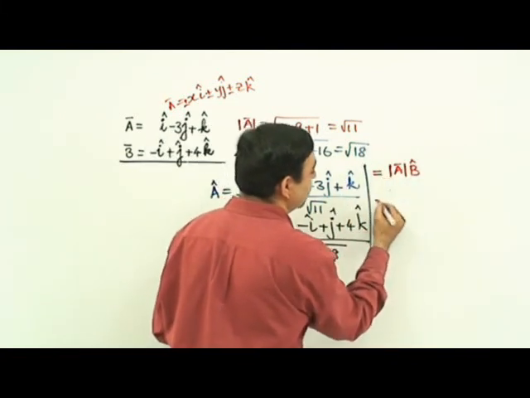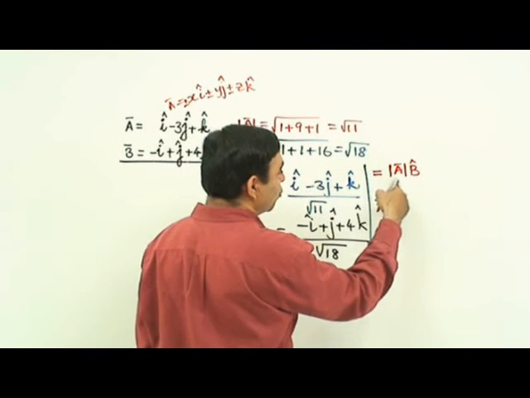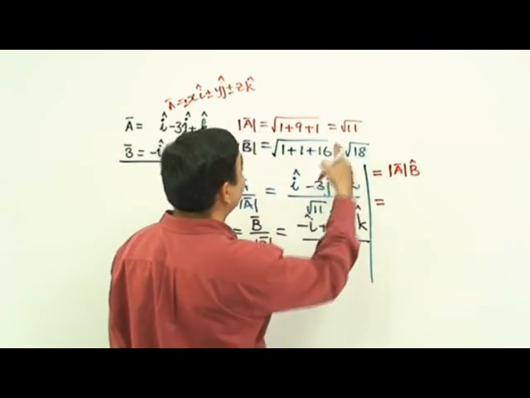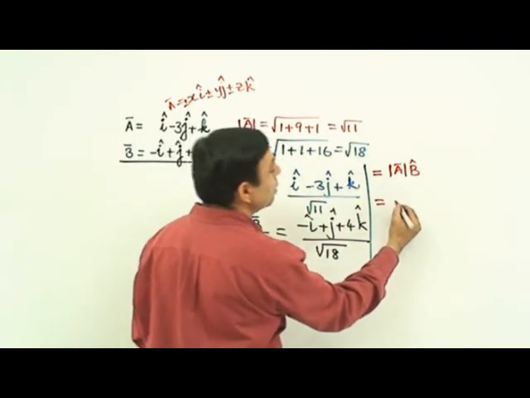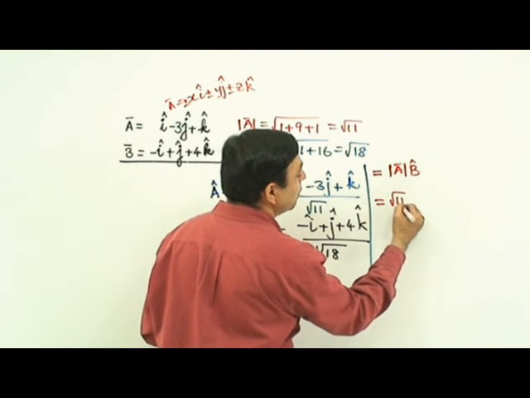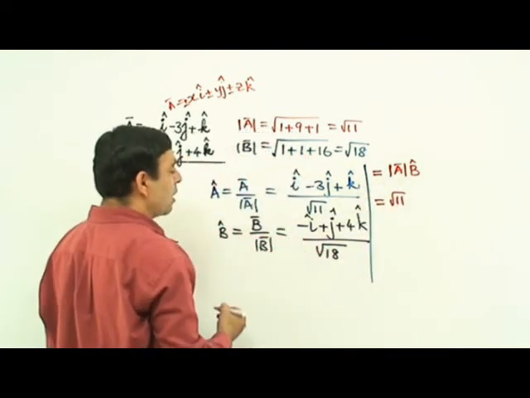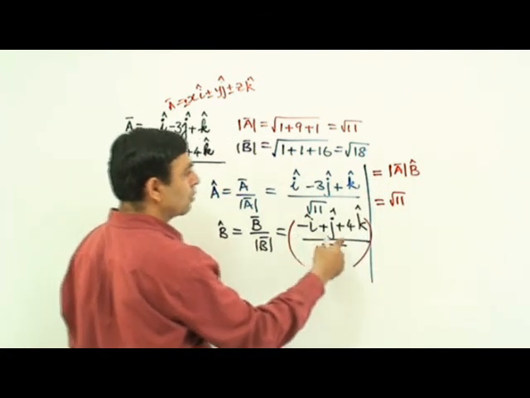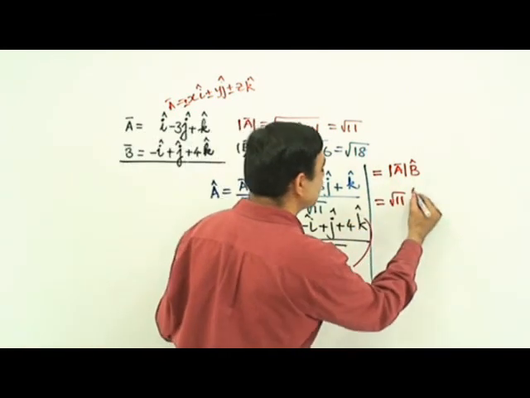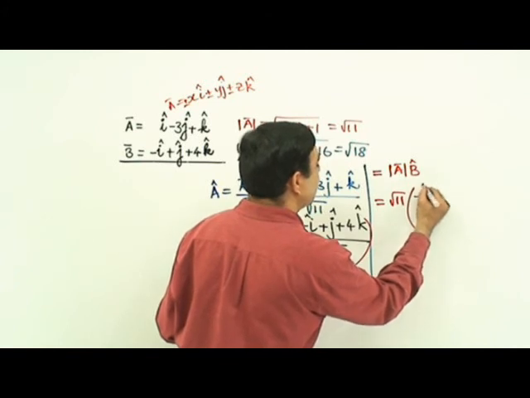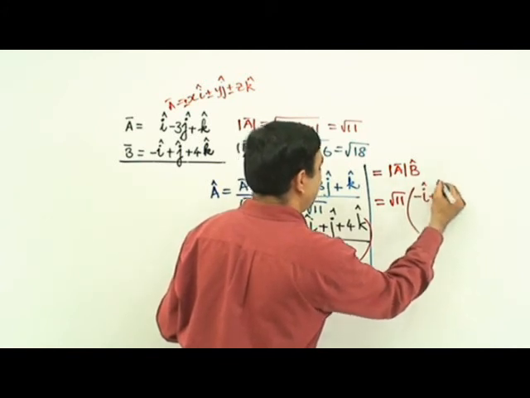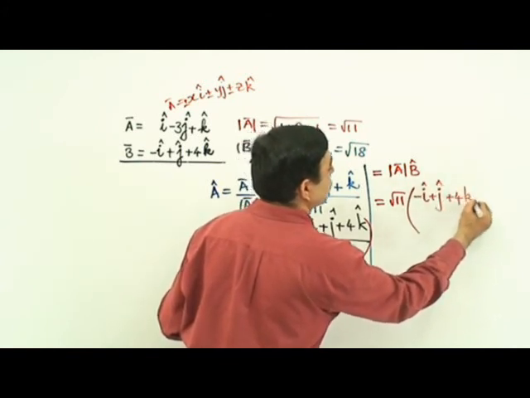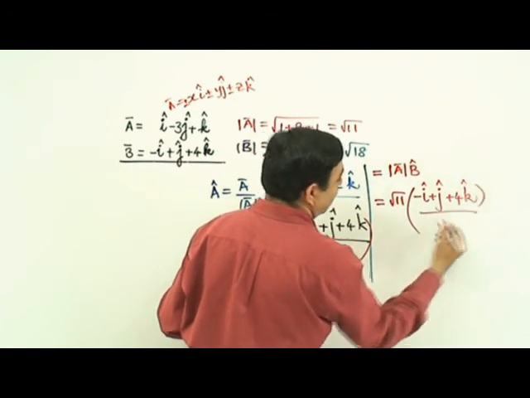Mod A we have computed, which is root 11, and B cap, the direction of B, is the unit vector of B. Let me write that: minus i plus j plus 4k, this whole stuff divided by root 18.